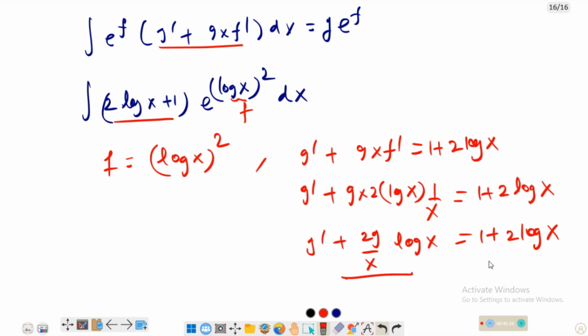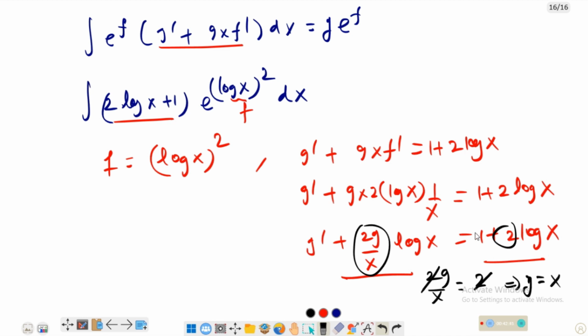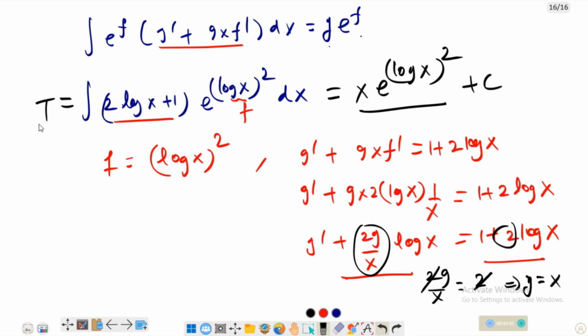From here and here we see that 2g upon x is equal to 2, so 2 cancels out and g is equal to x. This is also verified since g dash is equal to 1. So my answer is g into e to the power f, where g is x and f is (log x) to the power 2. So this integration is this quantity.